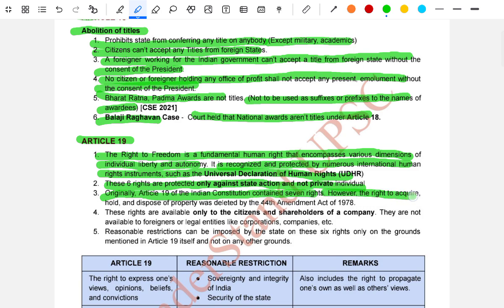However, the right to acquire, hold and dispose of property was deleted by the 44th Amendment Act of 1978. These rights are available only to citizens and shareholders of a company, not to foreigners or legal entities like corporations and companies. Reasonable restrictions can be imposed by the state on these six rights only on the grounds mentioned in Article 19 itself, not on any other grounds.